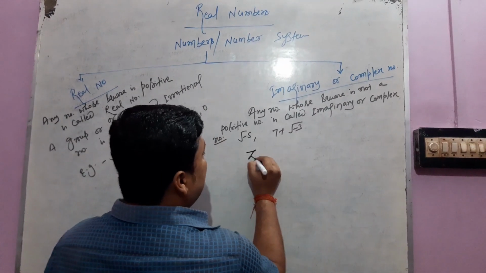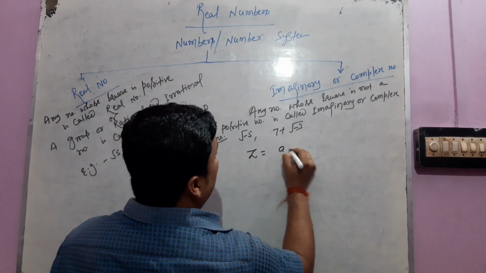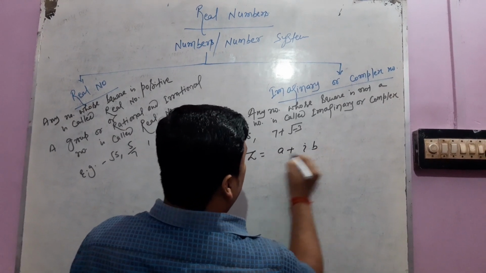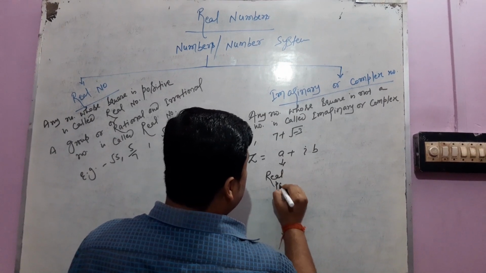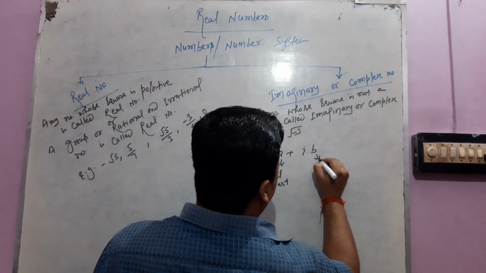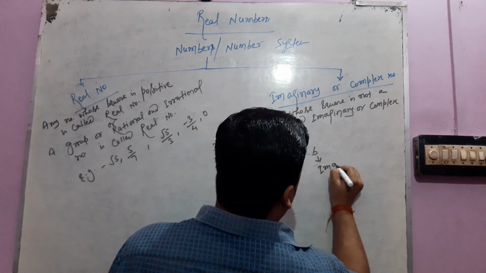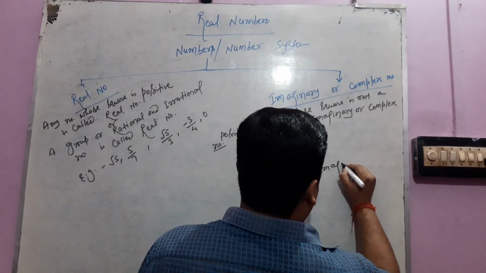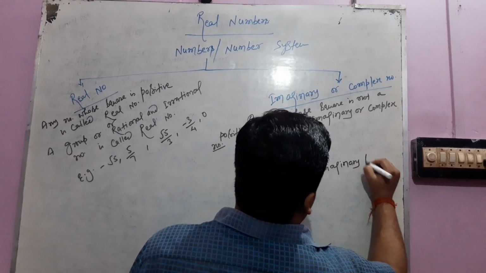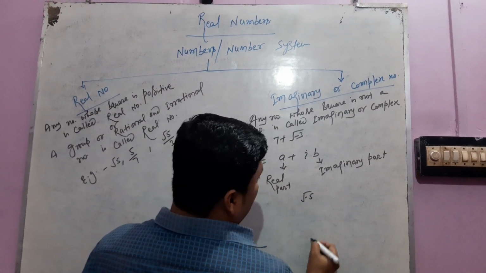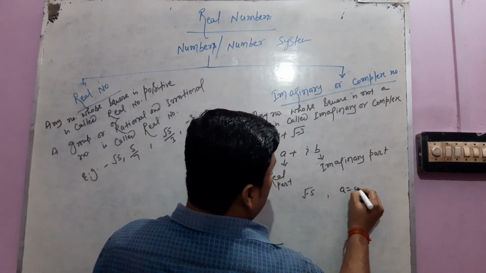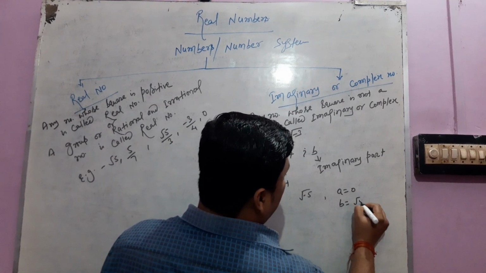Imaginary numbers are represented by Z. This Z is equal to A plus iB, where A represents the real part of the complex number and B represents the imaginary part of the complex number. For example, under root minus 5, A is equal to 0 and B is equal to under root 5.